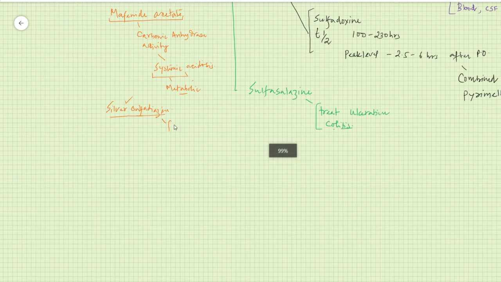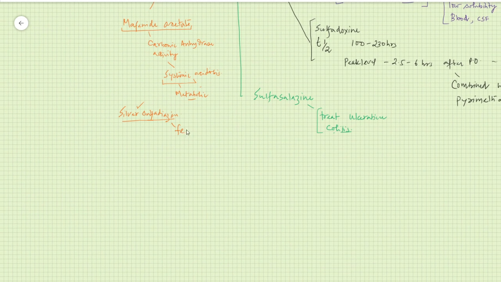It has got fewer side effects. Okay, so what is a side effect? A side effect is some reaction that is found in the therapeutic dose, and it's found in almost all the patients to whom it's administered.